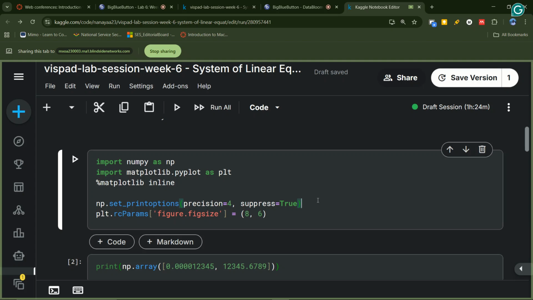Sometimes when you do your computation, you get an expression like 1.3e-05. Instead of this scientific notation, it just shows 0.0001. So this is just by the way, it's not really important.